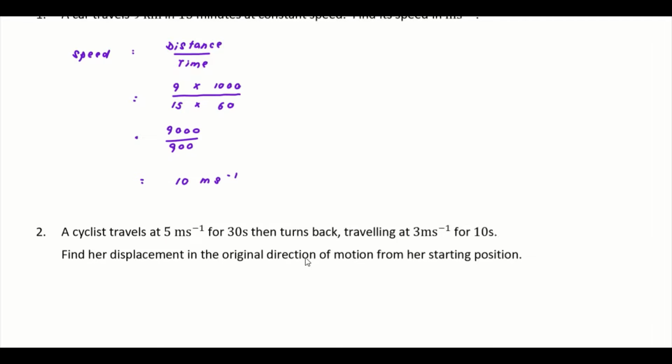Okay, question 2. A cyclist travels at 5 meter per second for 30 seconds and turns back, traveling at 3 meter per second for 10 seconds. Find her displacement in the original direction of the motion from her starting point. If you find this a bit confusing, you can try to draw it out.